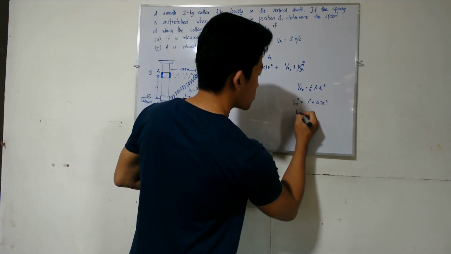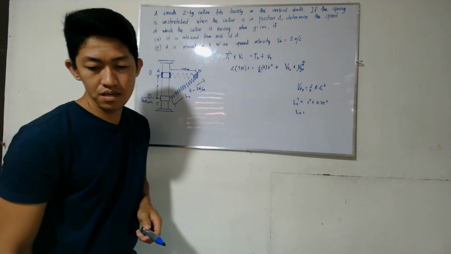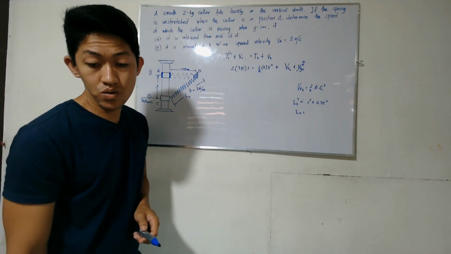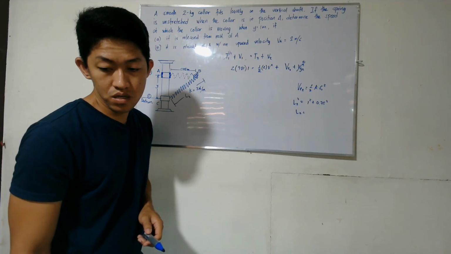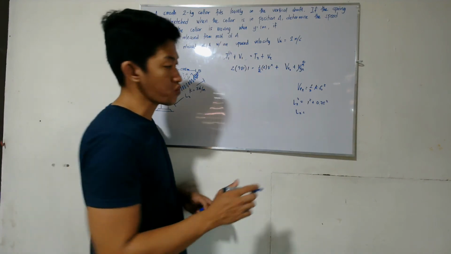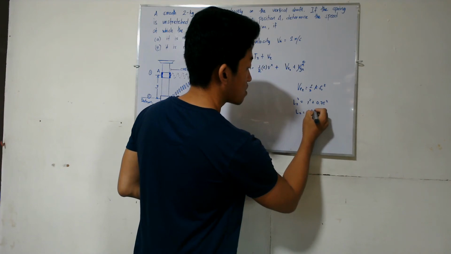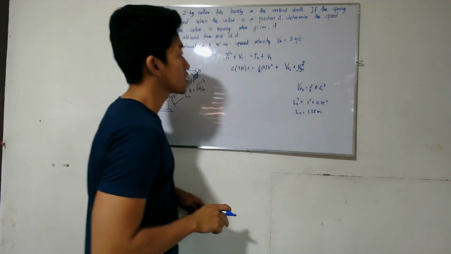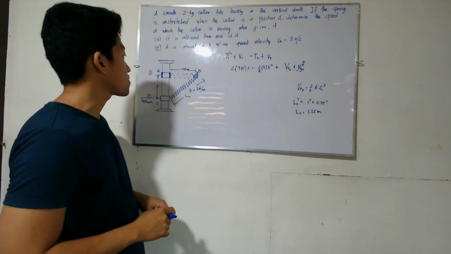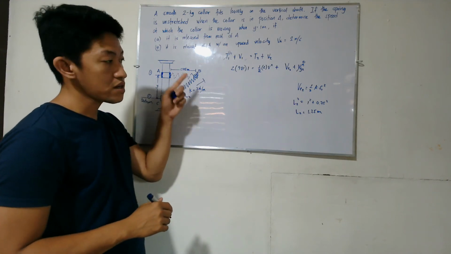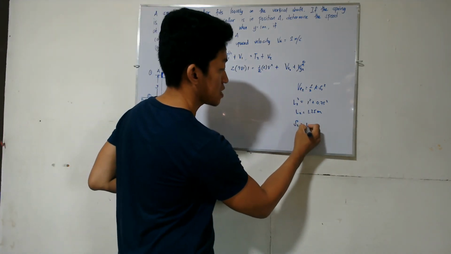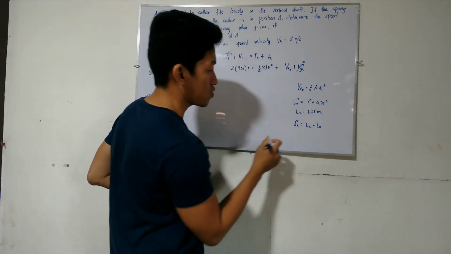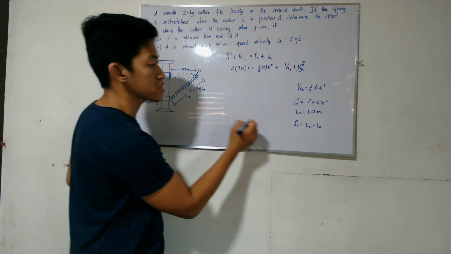Therefore, L2 would be 1.25 meters. Now, your S2 is just L2 minus L0, where the original length is 0.75.